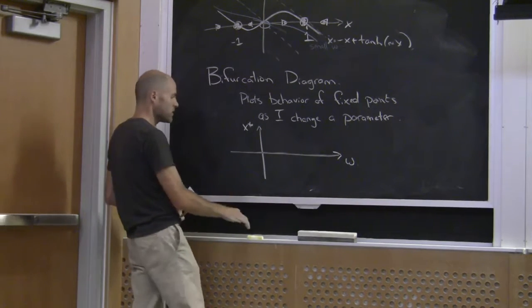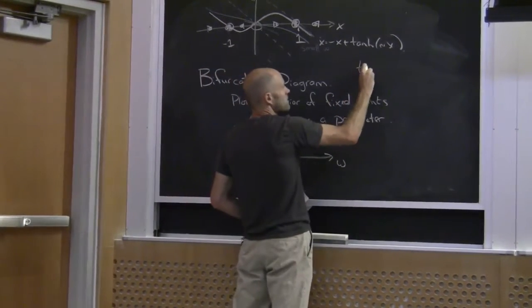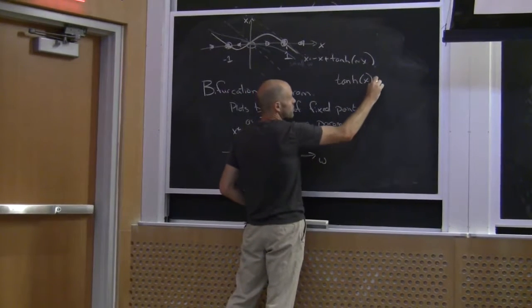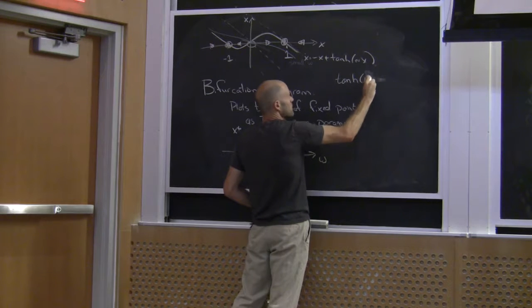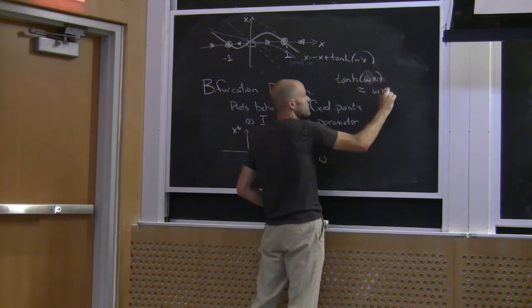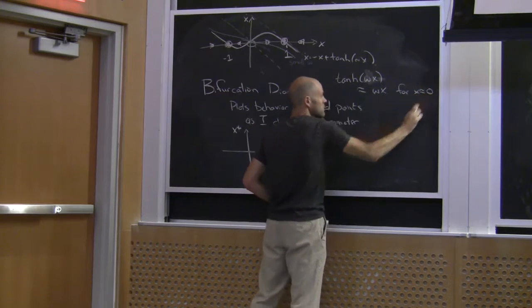It happens that it's helpful to know that tanh of X, or even tanh of WX, looks roughly like WX for X near 0, okay?